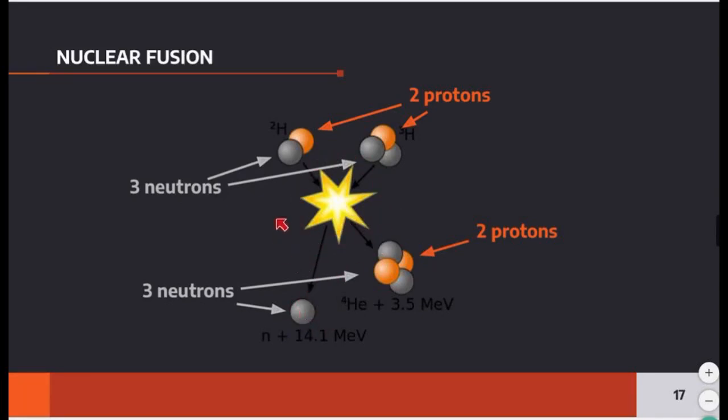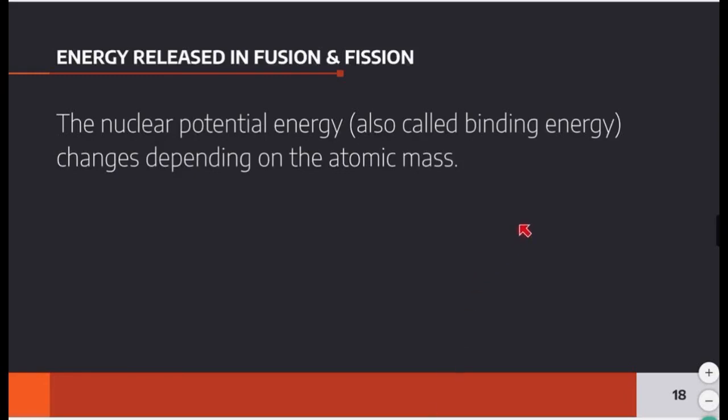It's the energy that's released that keeps these atoms moving super fast, that keeps new hydrogen atoms going fast enough to run into each other, to collide and to fuse, to release yet more energy. So that nuclear potential energy that we talk about, when it gets to a more stable state, the potential energy drops in the nucleus. That's the nuclear potential energy.